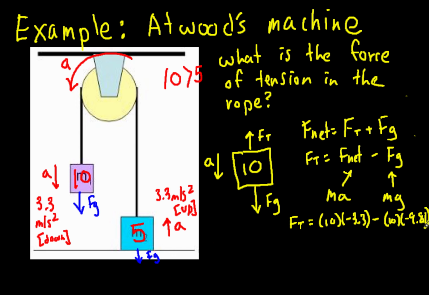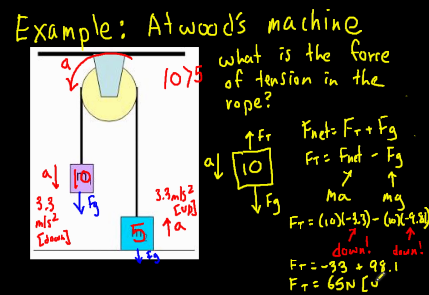The negative in the 9.81 is why I added force of gravity earlier, because I planned on putting the negative in the acceleration. Now remember, since these two accelerations are down, they must be given a negative sign in order for the calculation to work out. This gives a force of tension equal to negative 33 plus 98.1, which is a force of tension equal to 65 newtons, up.